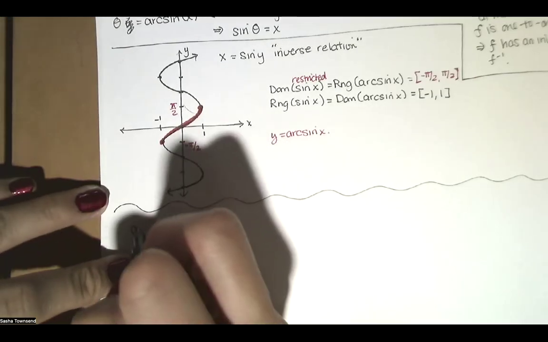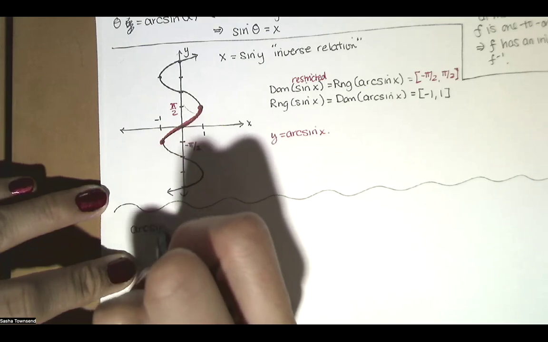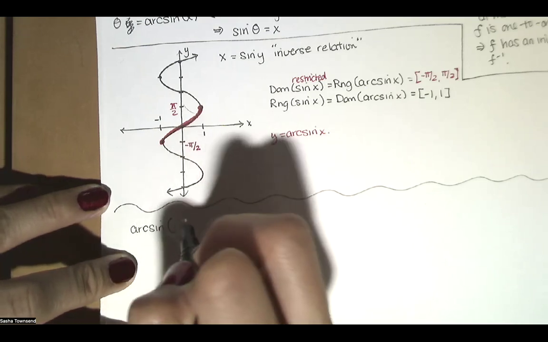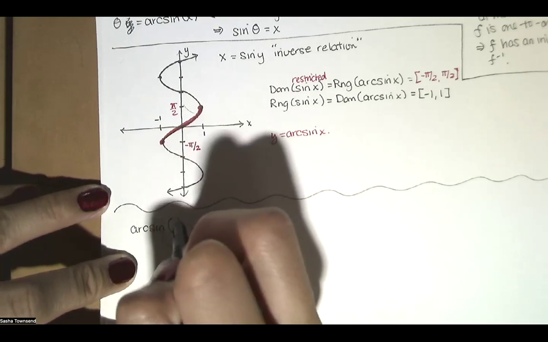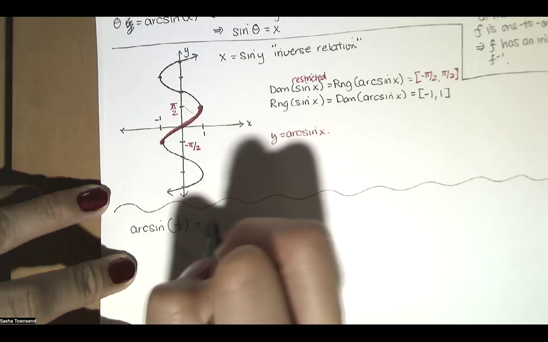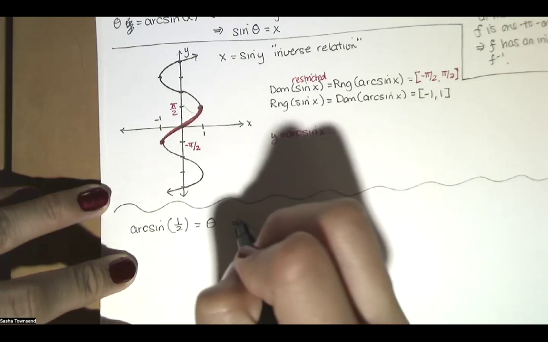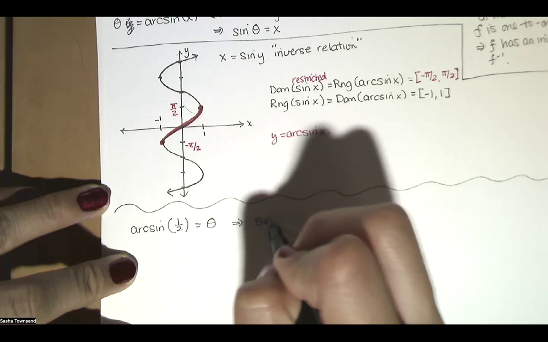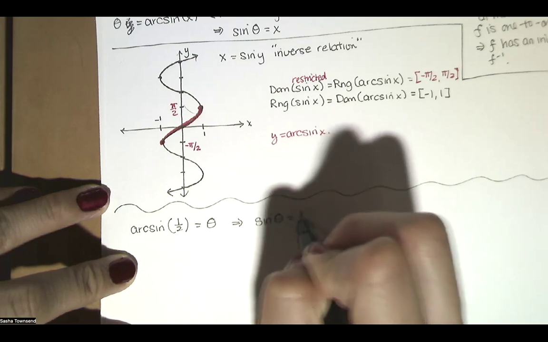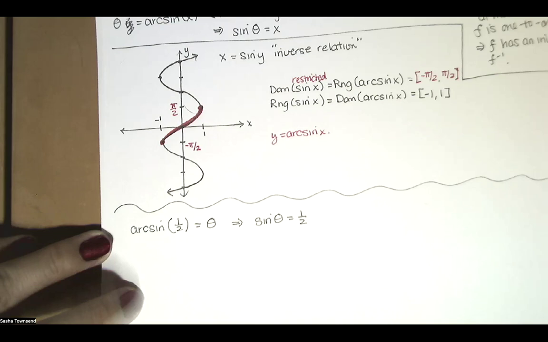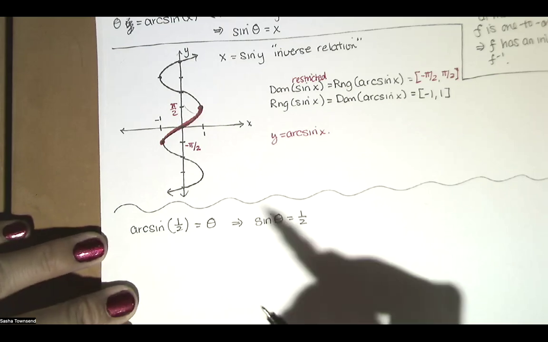Let's say somebody asks you to find the arc sine of 1/2. Well, that's going to give me an angle, and that is the angle whose sine is 1/2. So sine of theta is equal to 1/2. You can think of it that way, or if you prefer, you can actually apply that sine function.